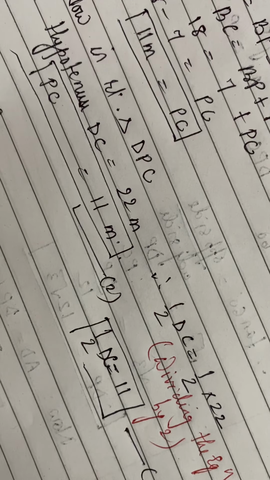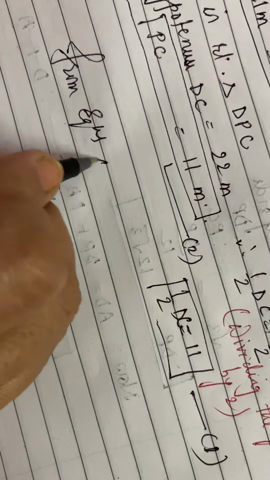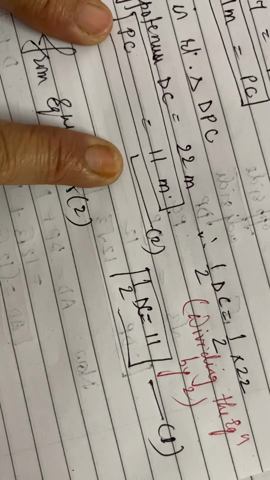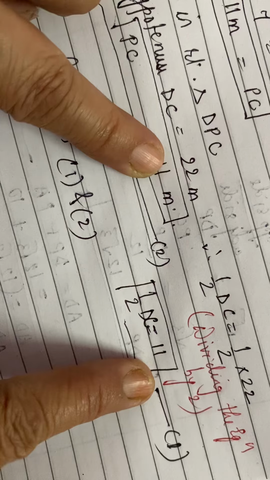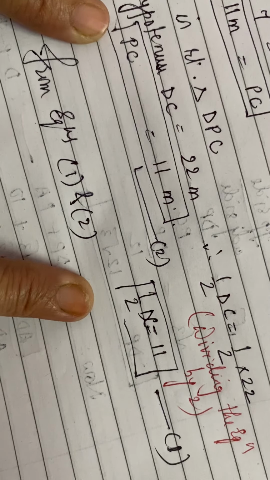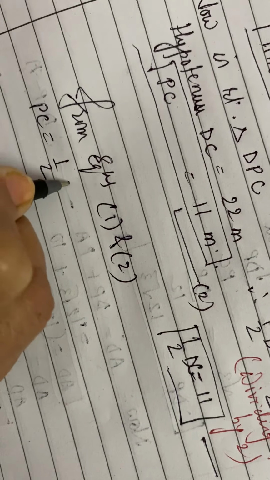Now from equations 1 and 2, what do we get? PC is 11, half of DC is 11, so the right hand side is equal. If the right hand side is equal, the left hand side will be equal. So PC is half of DC.